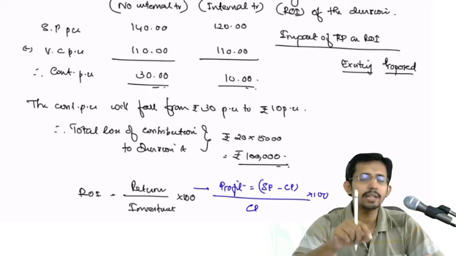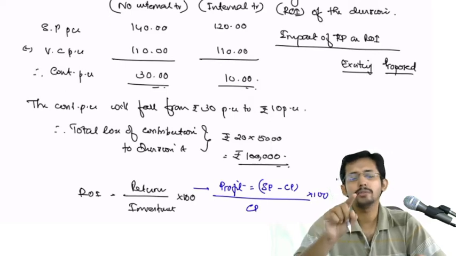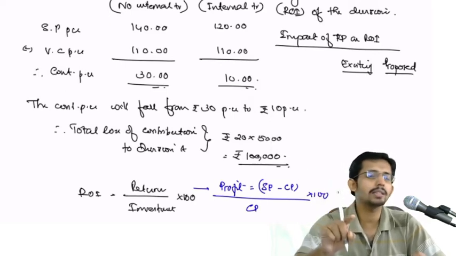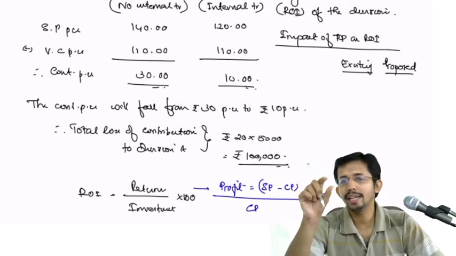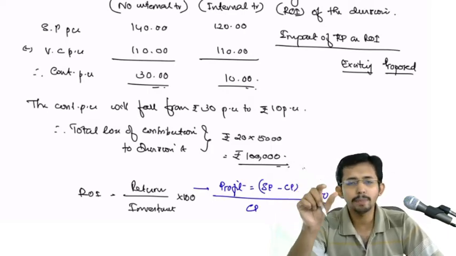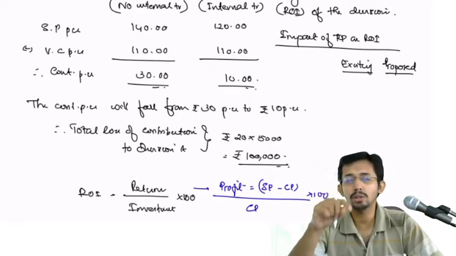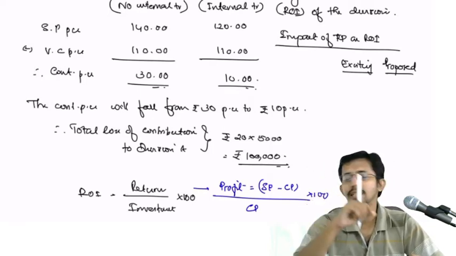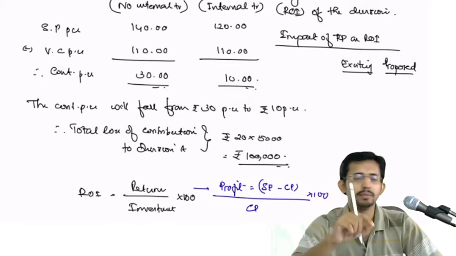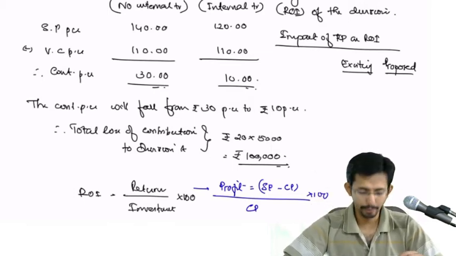So here you can only find out the product wise ROI, and for that purpose you take the profit, meaning selling price minus cost price, as the return, and the cost price or total cost of production per unit as the investment for that particular unit. Okay, so that is how you compute ROI for products.